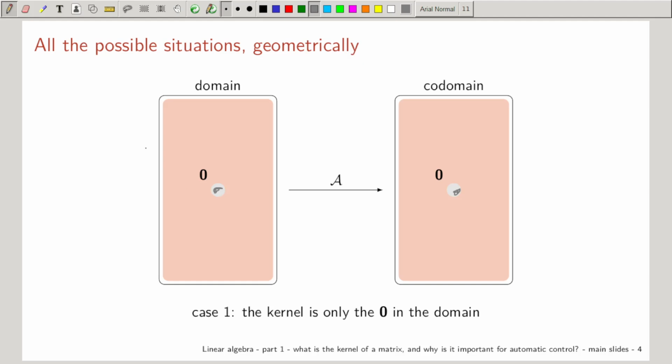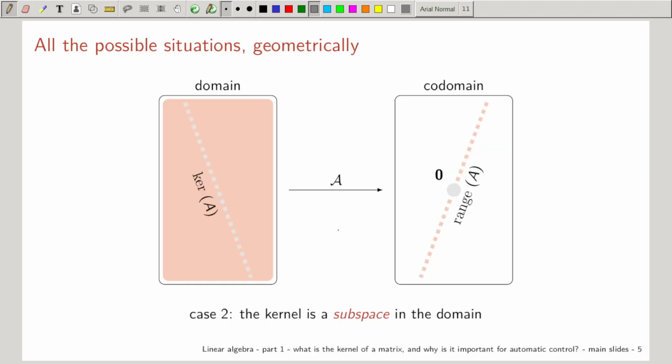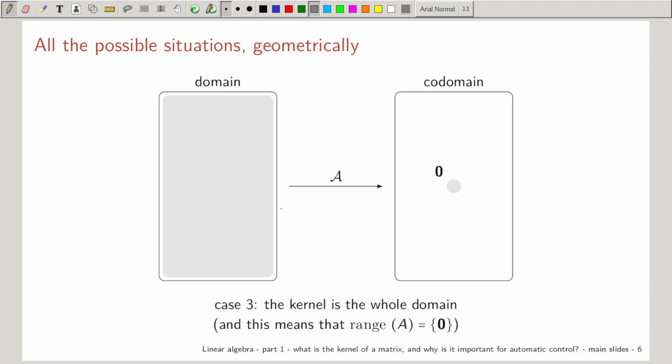Let's make an example. 1, minus 2, 1, 0.37. For this matrix here, the unique point that goes into 0 in the codomain is going to be 0 in the domain. We might have this situation here: all the domain goes into the codomain's 0.